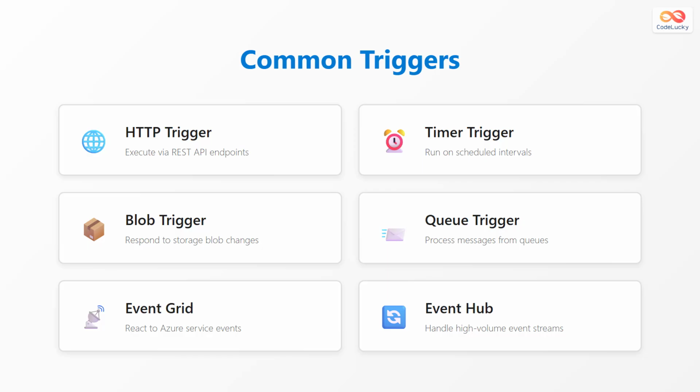Queue triggers process messages from Azure Storage queues, enabling asynchronous task processing. Event grid triggers react to events from Azure services, providing event-driven architecture capabilities. Event hub triggers handle high-volume event streams, ideal for real-time data processing scenarios. Each trigger type is designed for specific use cases, giving you the right tool for every job.